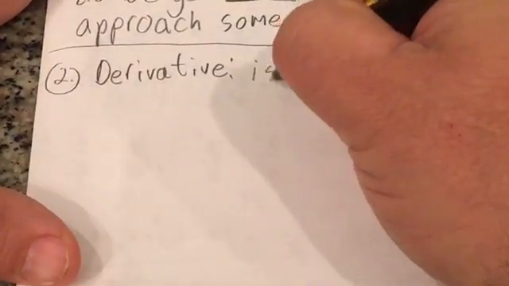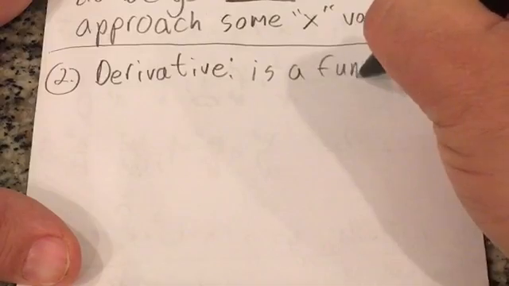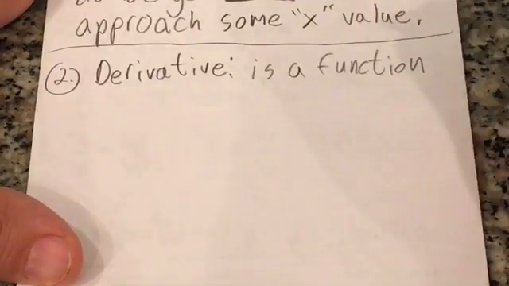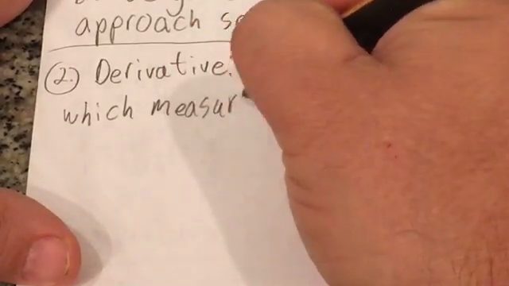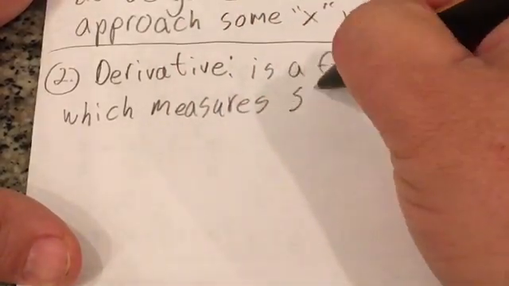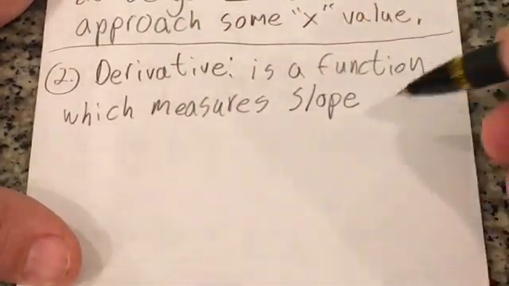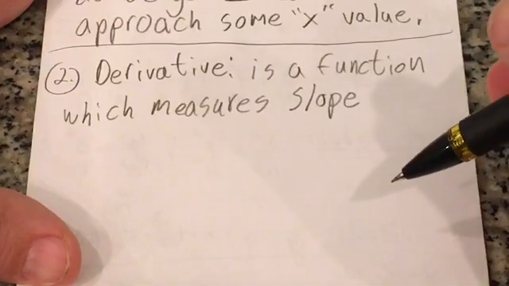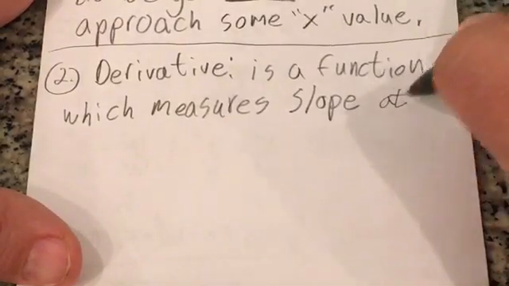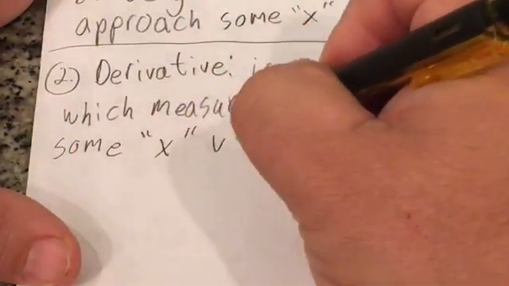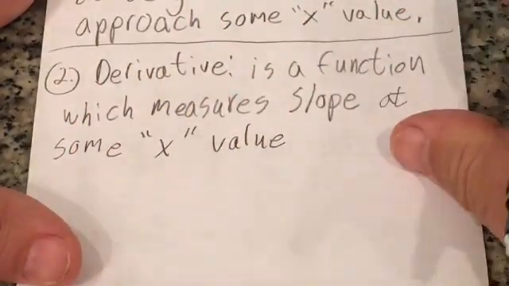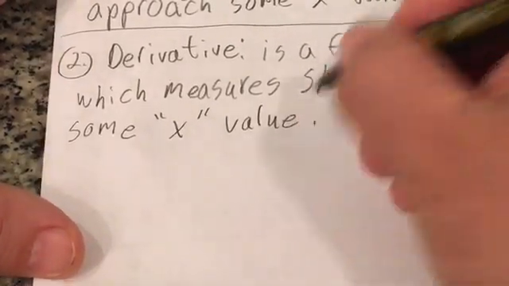And a derivative is a function which measures slope. And the slope is going to be found at some x value. There's a whole bunch of different ways to let people know that you're taking the derivative.